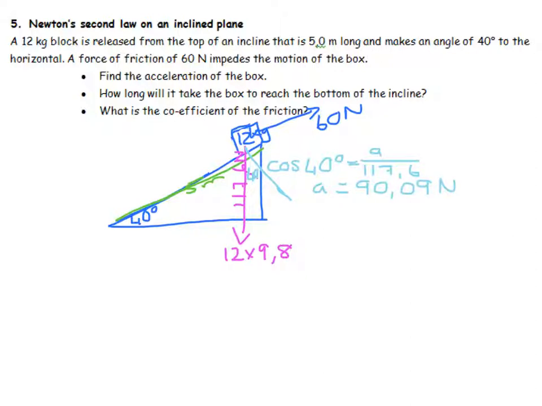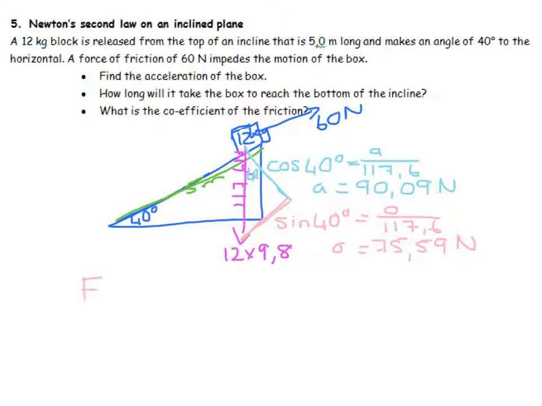Simultaneously, if I'd like to work out this component over here, I'm going to say sine of 40 degrees is equal to the opposite over 117,6, and I find that my opposite side turns out to be 75,59 newtons.